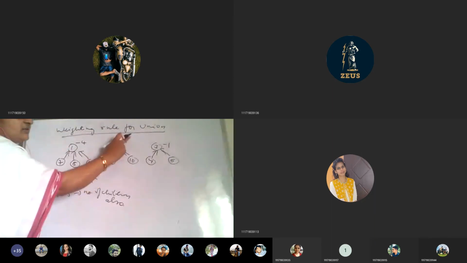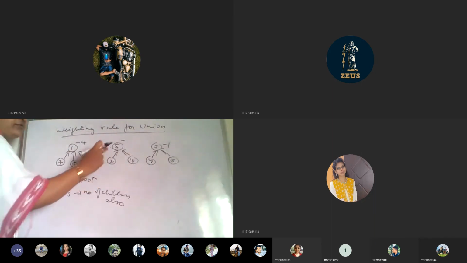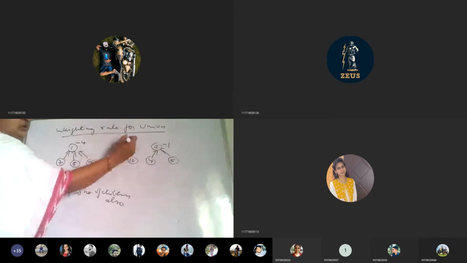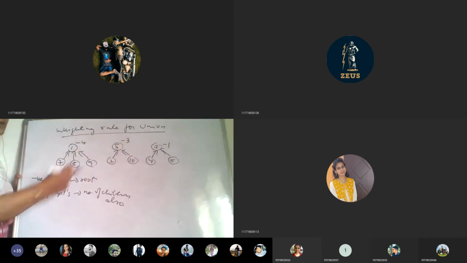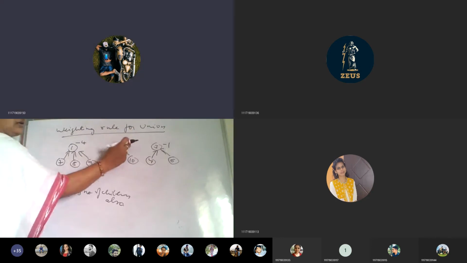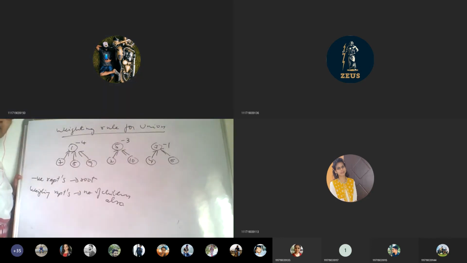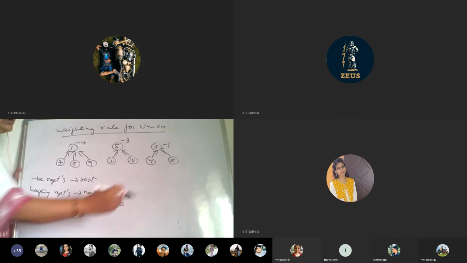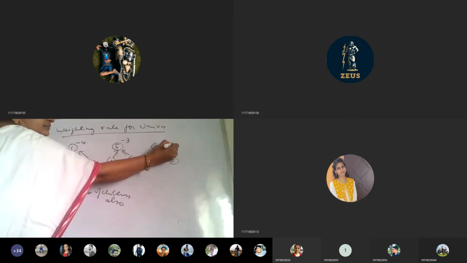So now tell me what is the weight of this fifth one? 1, 2, 3. So -3 we write. Minus represents it's a parent, but this weight along with negative represents the number of nodes. And here it also represents the same.